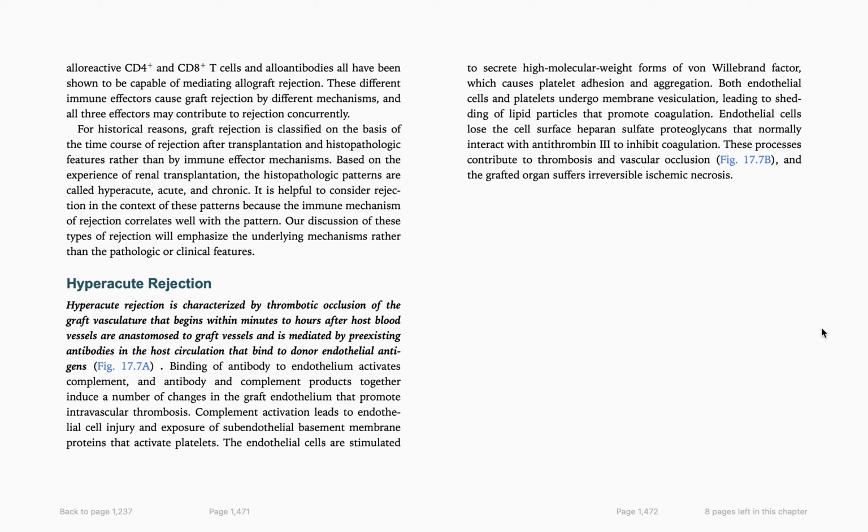Both endothelial cells and platelets undergo membrane vesiculation, leading to shedding of lipid particles that promote coagulation. Endothelial cells lose the cell surface heparan sulfate, a surface proteoglycan that normally interacts with antithrombin III to inhibit coagulation. These processes contribute to thrombosis and vascular occlusion, and the grafted organ suffers irreversible ischemic necrosis.